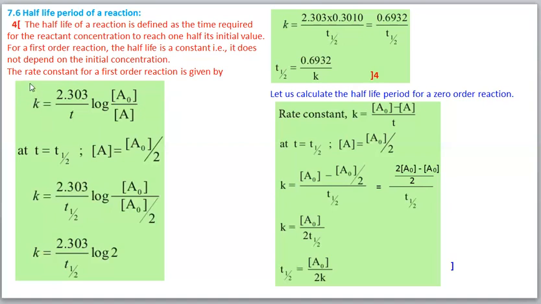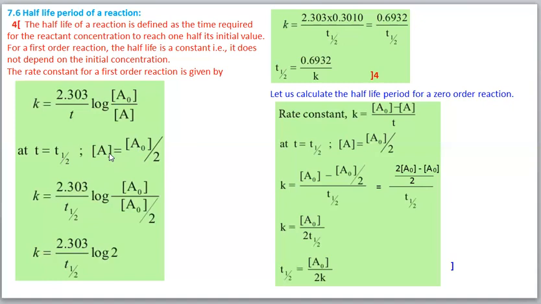Okay, then you see, the rate constant for a first-order reaction is given by this equation: K is equal to 2.303 by T log A0 by A, where A0 is the initial concentration of the reactant and A is the concentration of the reactant after time T. Then when time T is equal to the half-life period, T half, the concentration of the reactant becomes half of the initial concentration, A0 by 2.